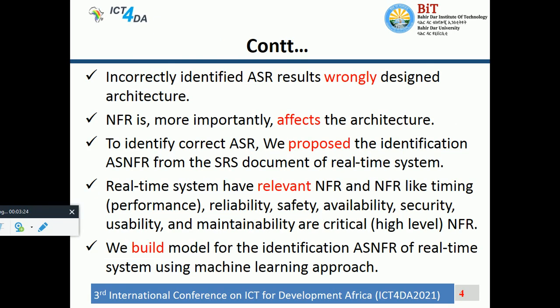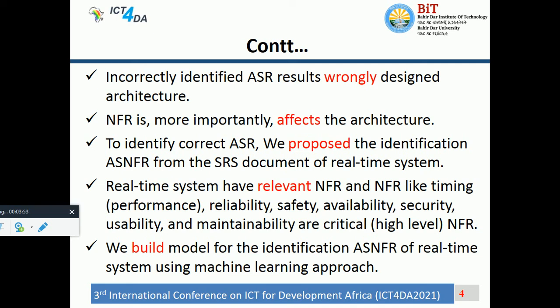So incorrectly identified ASR results in wrongly designed architectures, and a wrongly designed architecture can lead to the complete failure of a software system. Non-functional requirements affect the architecture more than the functional requirement, the business constraint, or the technical constraint.